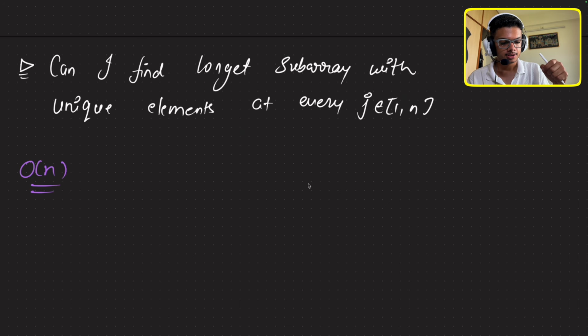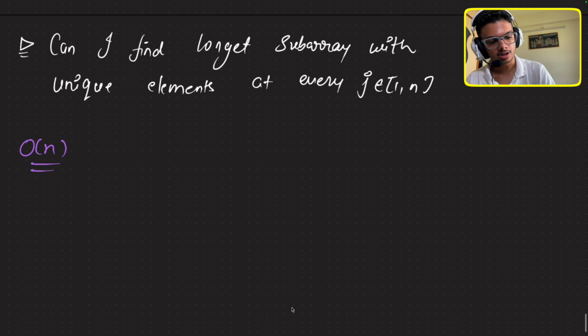Then you might be dealing with order of n complexity, and our answer will be simply the maximum of all of these subarrays. So let's think in that direction. How can you go about finding the longest subarray at a given index? Because if we have that, we might be able to deal with order of n or a little bit more than that complexity.